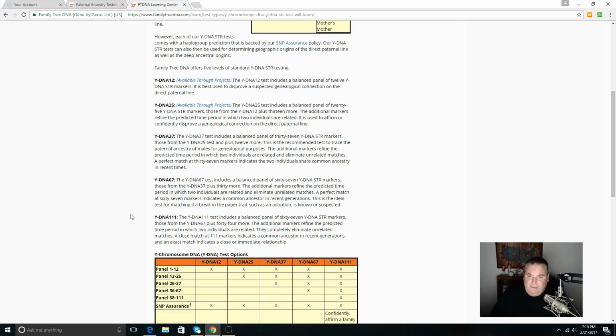As you're trying to find older ancestors, you may want to test for more STR markers, and they offer a Y-DNA 25 marker test. The additional markers refine the predicted time period in which two individuals are related. It is also used to affirm or confidently disprove a genealogical connection on the direct paternal line.